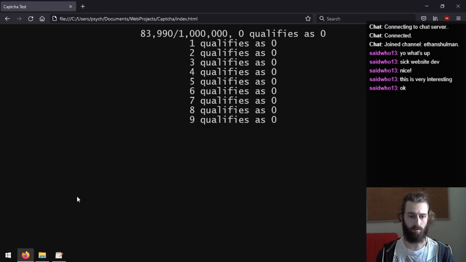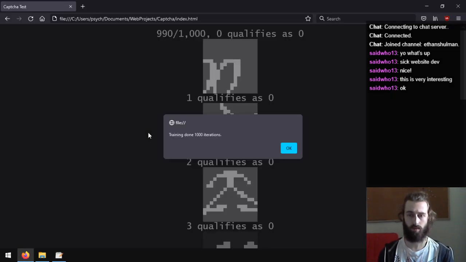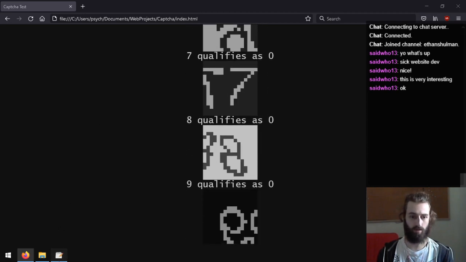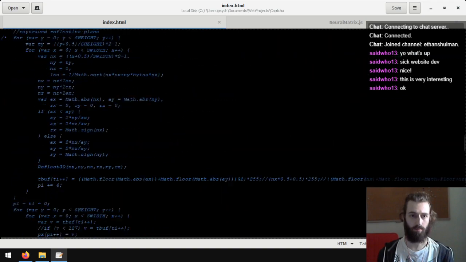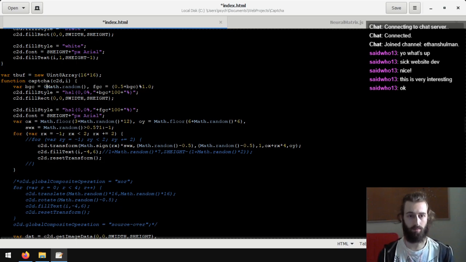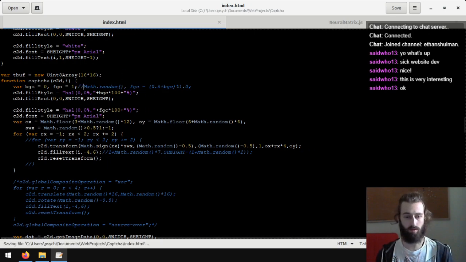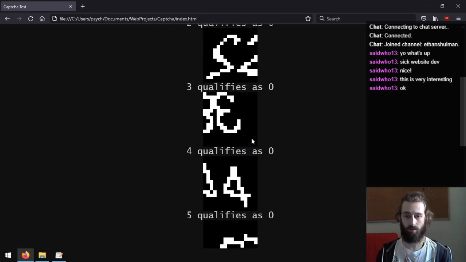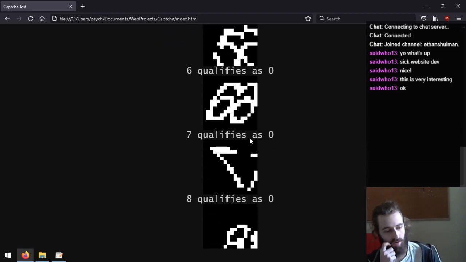Alright, let's see what it's like when it trains. Alright, so it's identifying all of them as 0. Pretty sure this is because of the different colors. So if we make the background constantly 0 and the foreground constantly 1, I think. No. Still couldn't train. Okay.